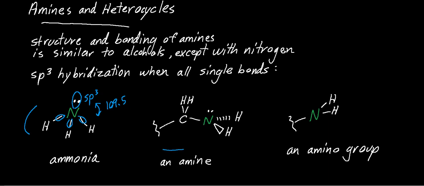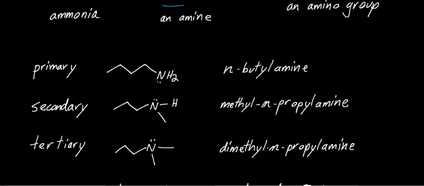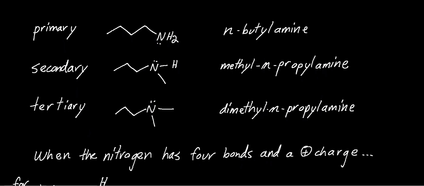Here we have more of the standard appearance of an amine, and we call the terminal group an amino group. So there's more nomenclature for amines: the traditional primary, secondary, tertiary. It's actually a little easier than for alcohols.